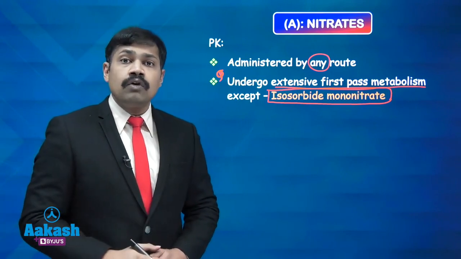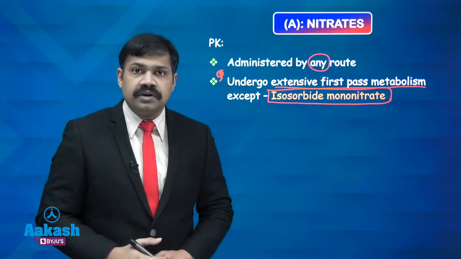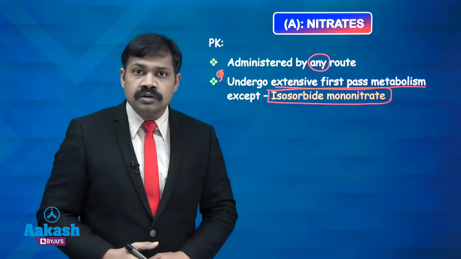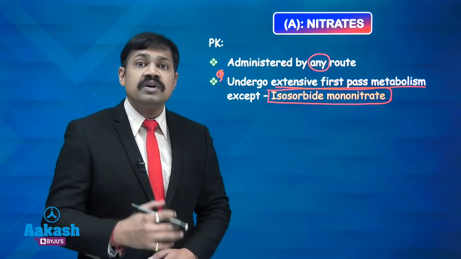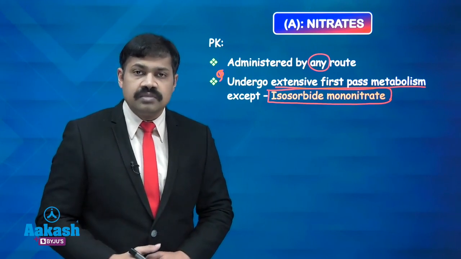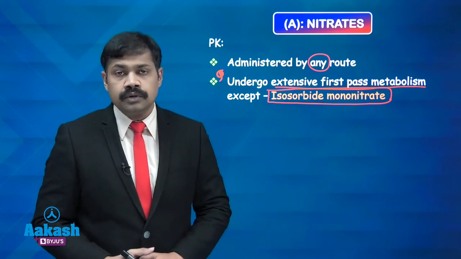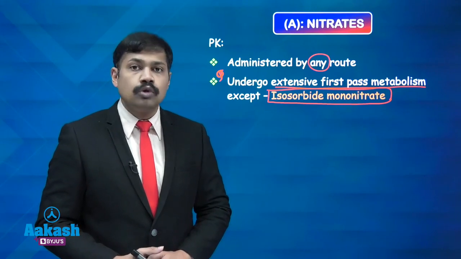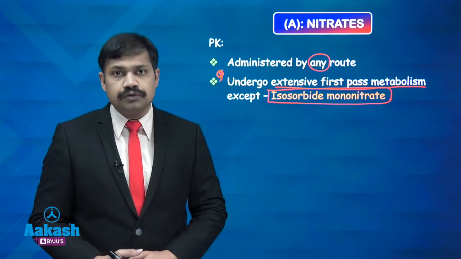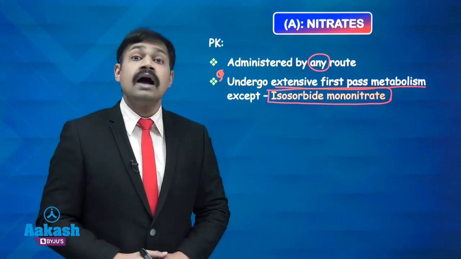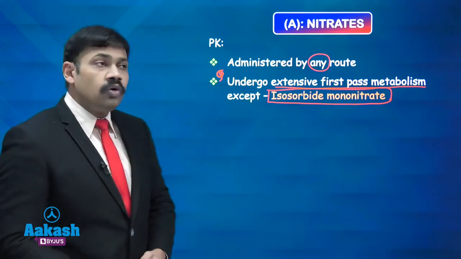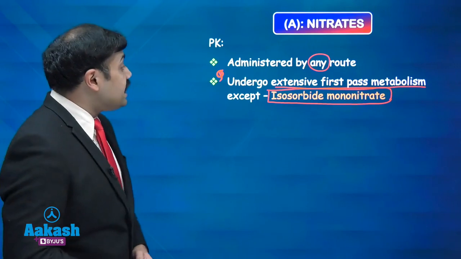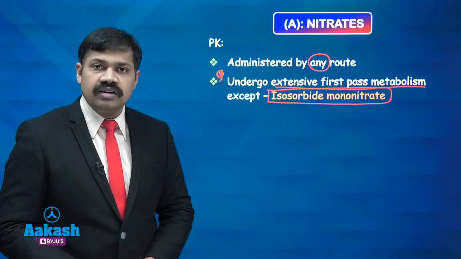In fact, we have also seen in the first chapter in drug absorption that one of the examples of drugs with extensive first pass metabolism is nitroglycerin. Nitroglycerin undergoes extensive first pass metabolism, has to be given orally in high doses. So all nitrates do undergo extensive first pass metabolism except isosorbide mononitrate.